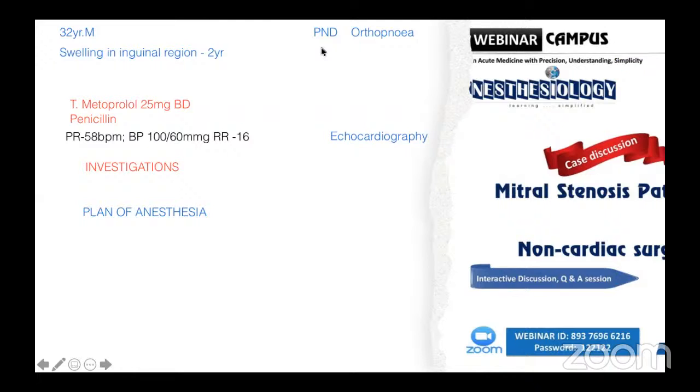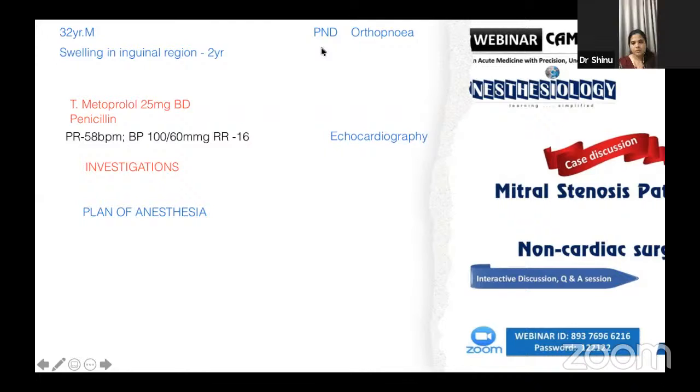Suppose your patient landed up in pulmonary edema in between, what are you going to do? So, ma'am, intraoperatively, if there is pulmonary edema, if we are using nitrous oxide, we have to cut the nitrous oxide, and we have to maintain 100% oxygen.